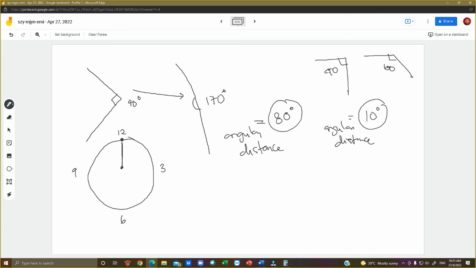If this jarum move from 12 to 3. The jarum move from 12 to 3. So, how far in term of angular distance the jarum had covered? Berapa jauh angular distance yang jarum ni cover sekarang?